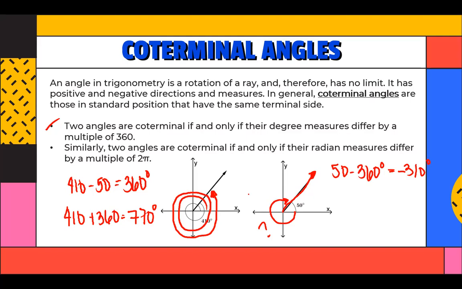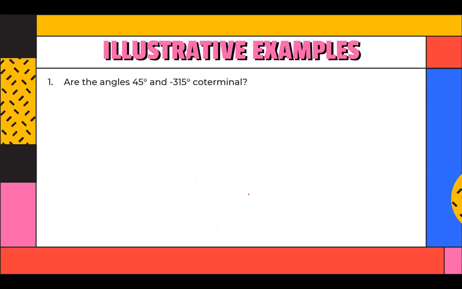Now, to further understand this, let us have some illustrative examples. Number 1: are the angles 45 degrees and negative 315 degrees coterminal? This was already presented during our discussion, and some of your classmates answered that these two are coterminal.